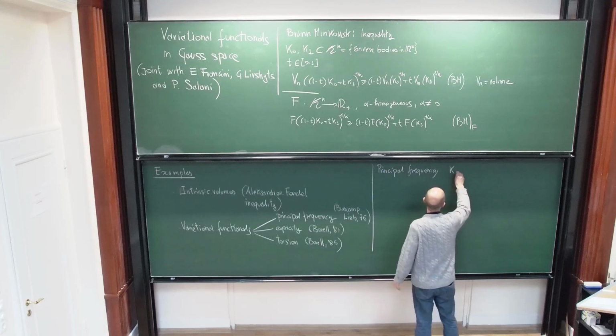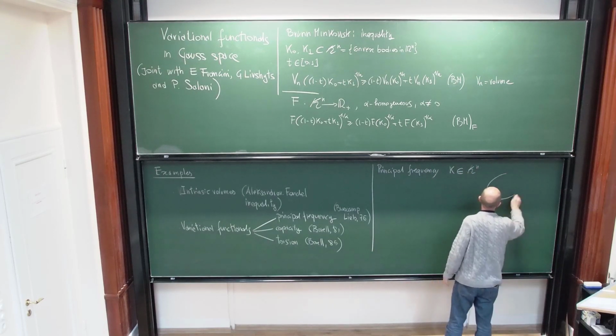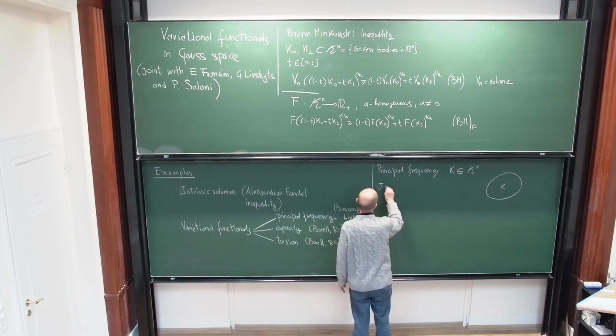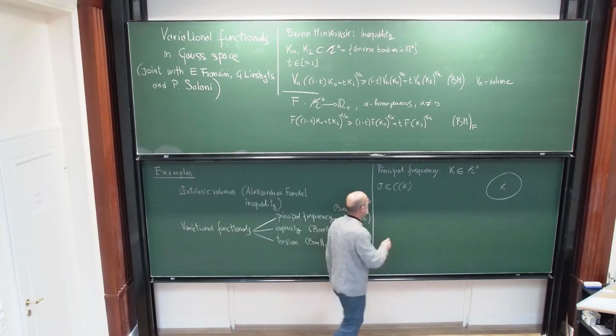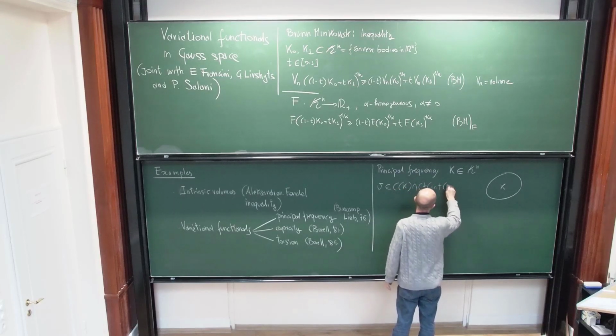So you take your convex body K, and you take a function V which is continuous on your set, and which is also C1 in the interior of your set.